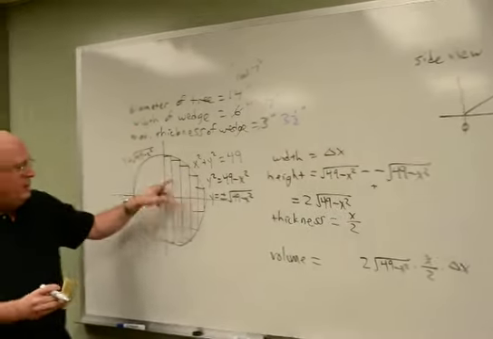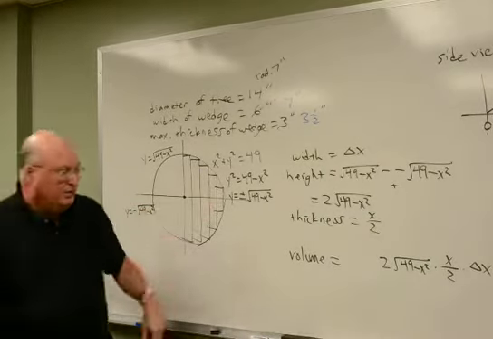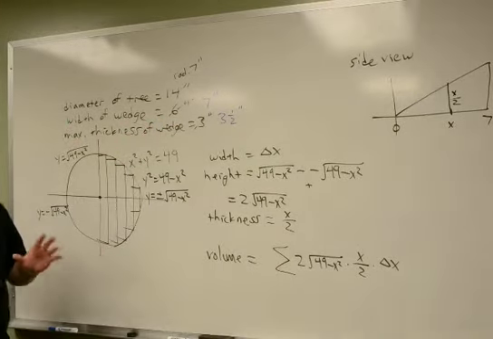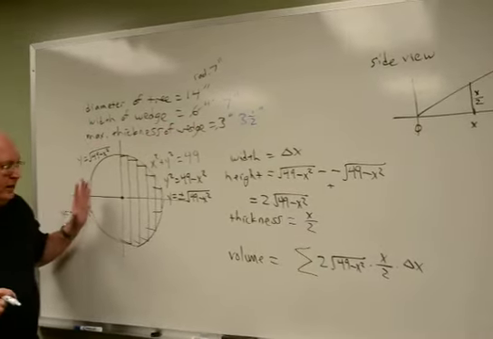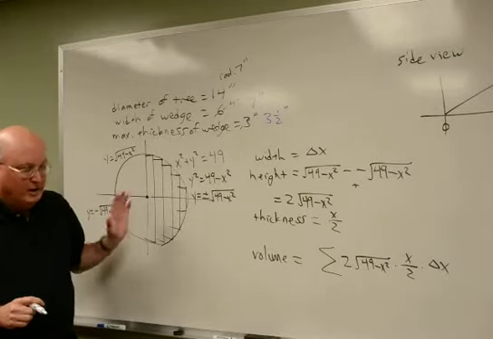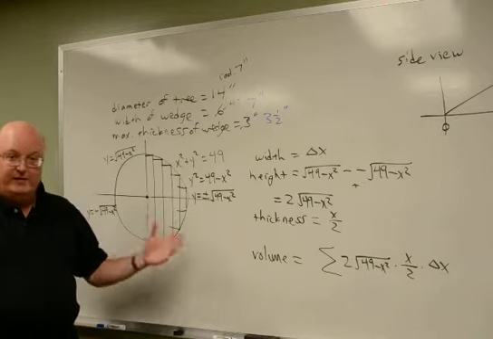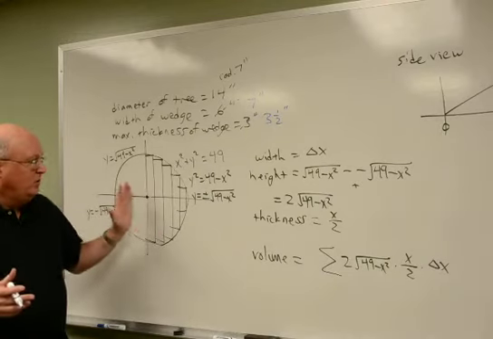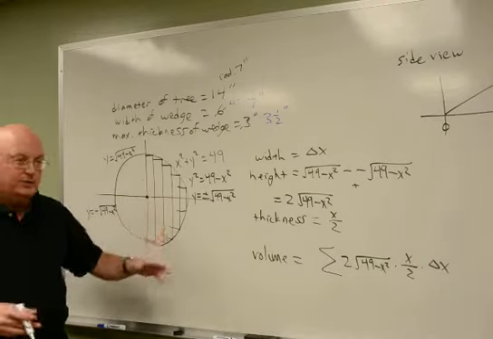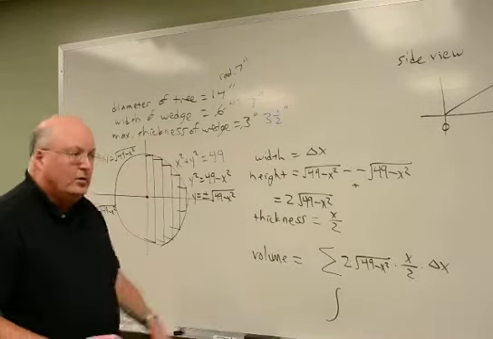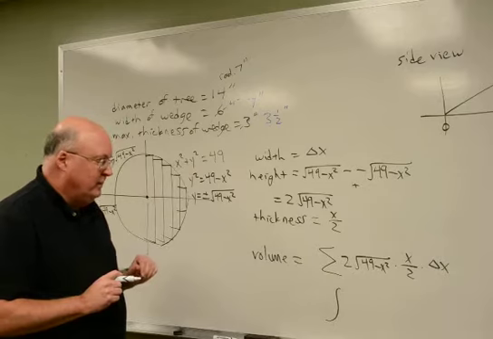So I have to add all those up for all the boxes, so I've got a sum. But just as we've seen before, if we make that a limit of Riemann sums, or an infinite Riemann sum, then we wind up with a definite integral. And so once more, by looking at these finite sums, we're able to come to something that gives us a definite integral. One more application of these definite integrals.